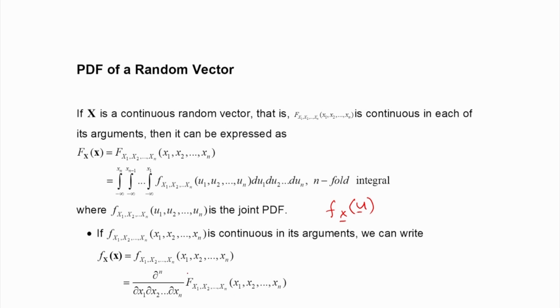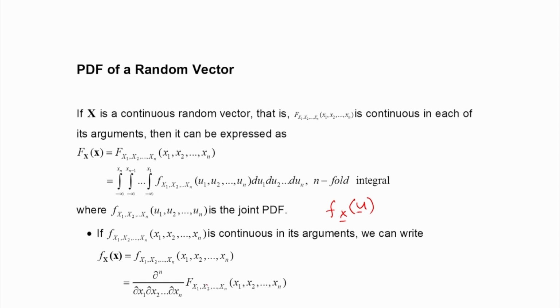So, just like in the case of two dimensional random variable, joint random variables, we define the PDF as the second order mixed partial derivative of two variables. Here it is the nth order mixed partial derivative of n variables. So, that way we define the PDF of a random vector or joint PDF of these n random variables.